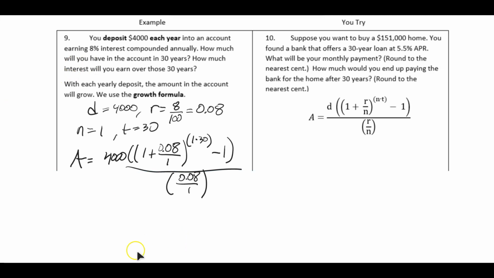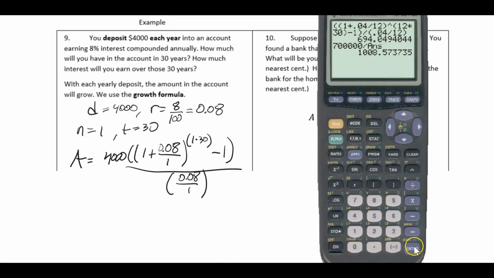Okay, to our calculator. So we have 4,000, open parenthesis, a second open parenthesis, 1 plus 0.08. We don't have to do the divide by 1, but it doesn't hurt if we do. Exponent, parenthesis, 1 times 30. Again, we didn't have to do the times 1, but just for muscle memory.